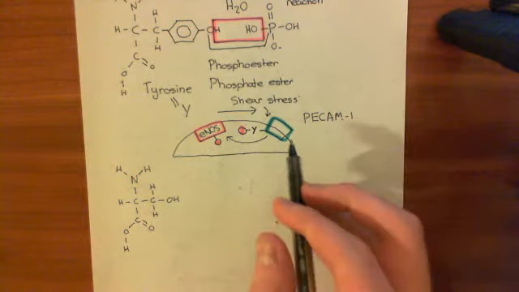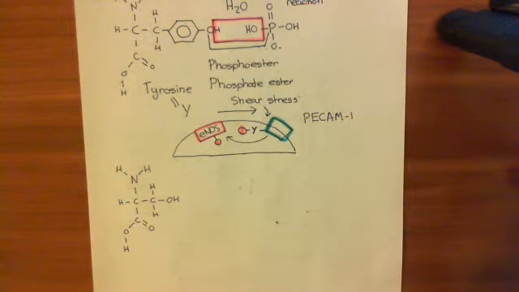Now, how do we know that PCAM1 is involved in this? Well, what you can do is knock out PCAM1 from endothelial cells. You can get some HUVEC cells, and you can knock PCAM1 out. You can stop them from expressing PCAM1. I'm going to go into a little bit of detail on how you do this.